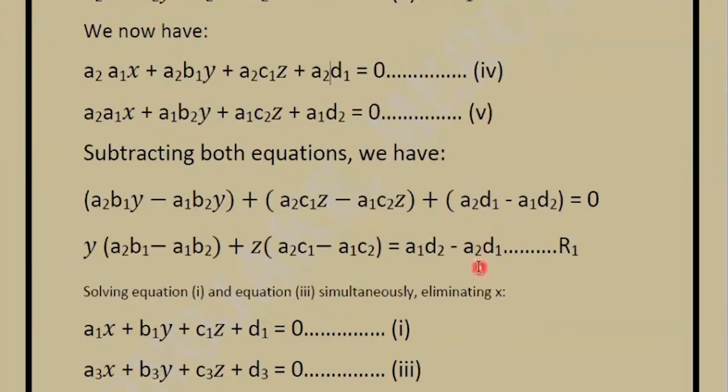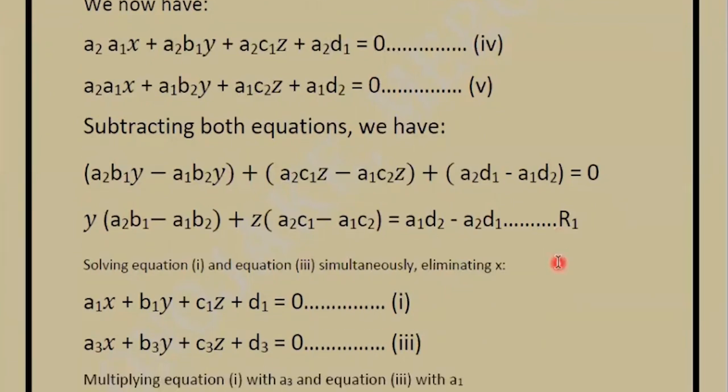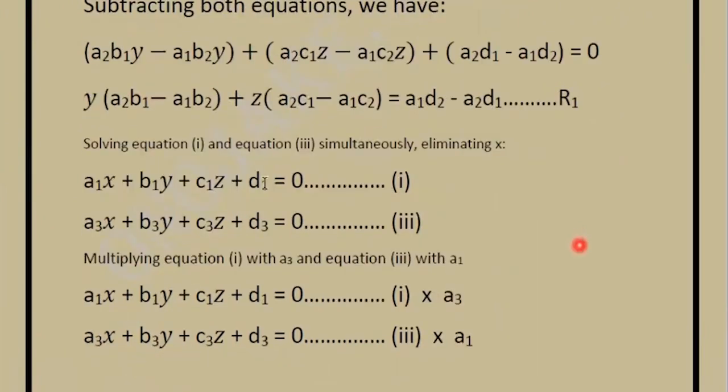Yeah, factorize them out. And then we have this. I would like to name this equation R1 because it will be needful as we proceed. Now, that is the first equation gotten by eliminating x.